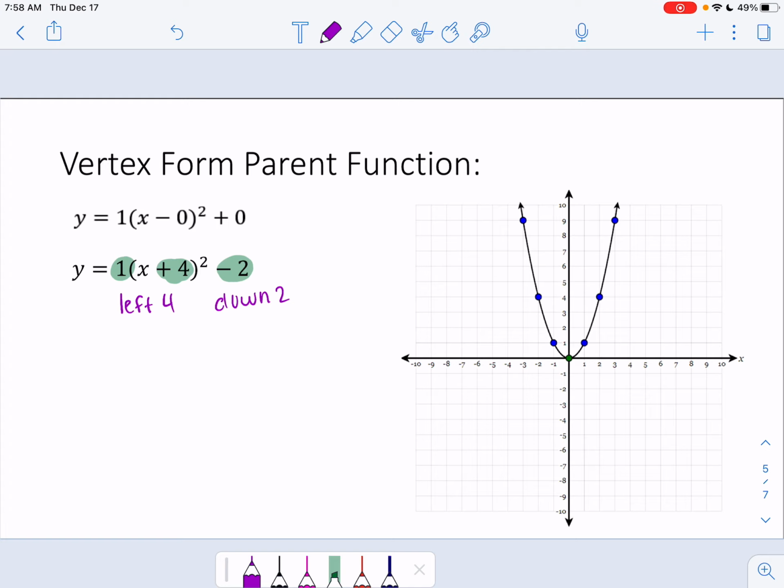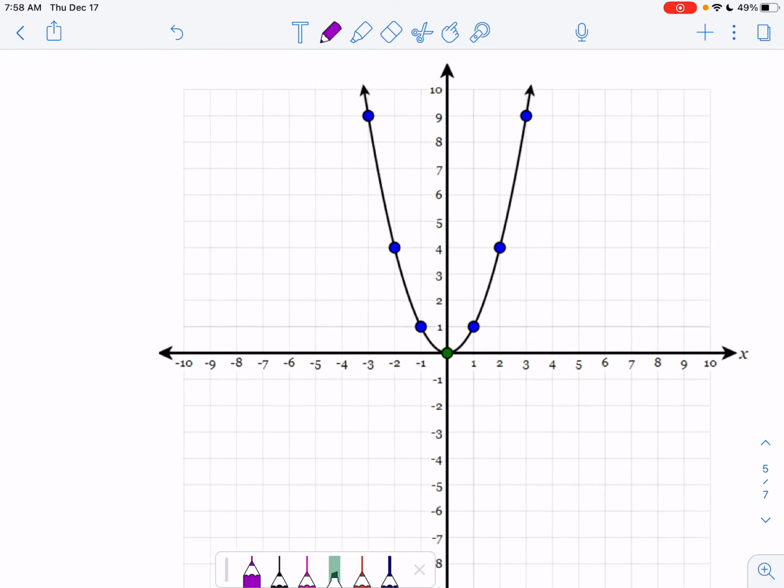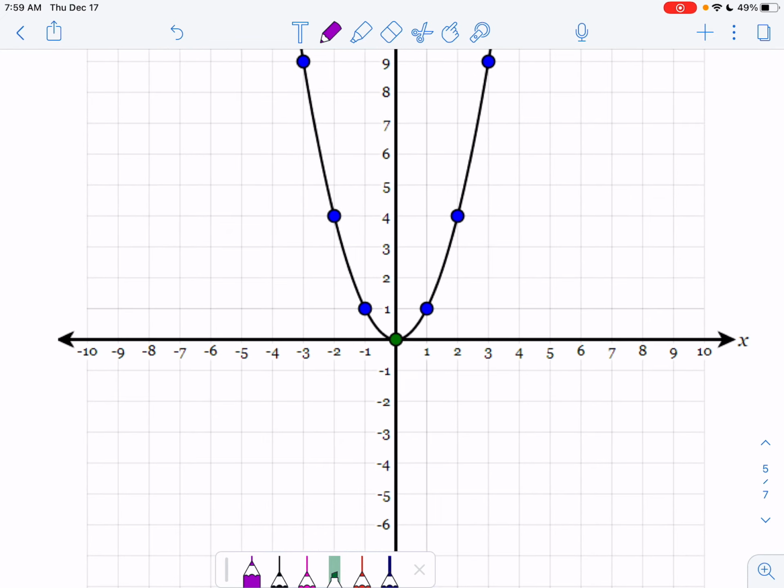And so if I'm shifting left 4, that means my vertex is now going to be -4, -2. So let's go ahead and plot that. I'm shifting left 4, down 2. Here's my new vertex. And let's move all the points over. Left 4, down 2.